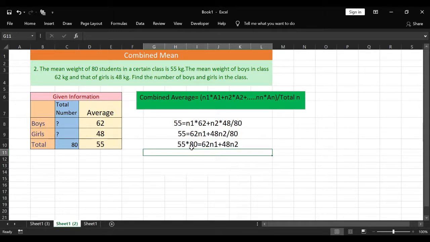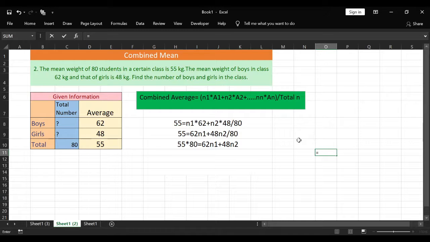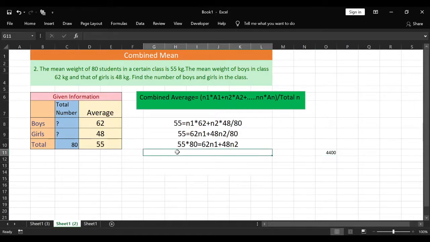Checking, 55 into 80 is 4400. So 4400 equals 62 n1 plus 48 n2.